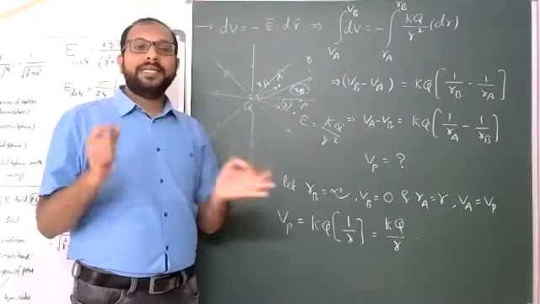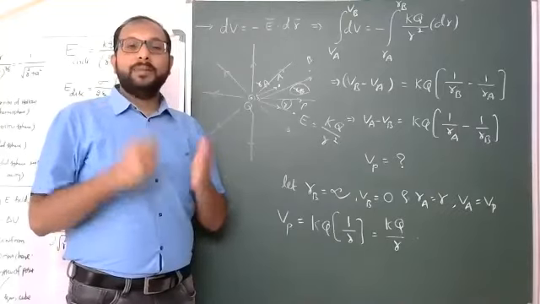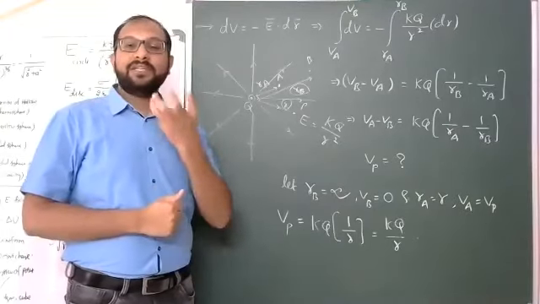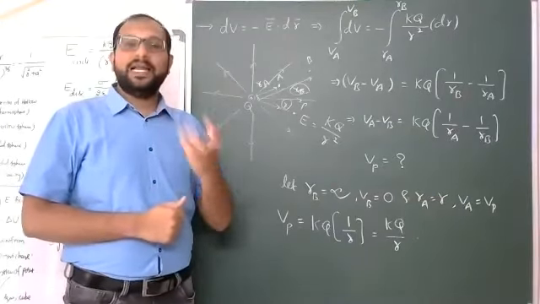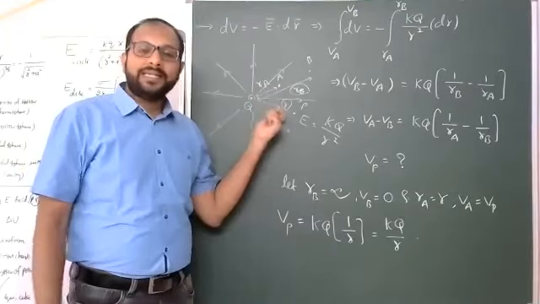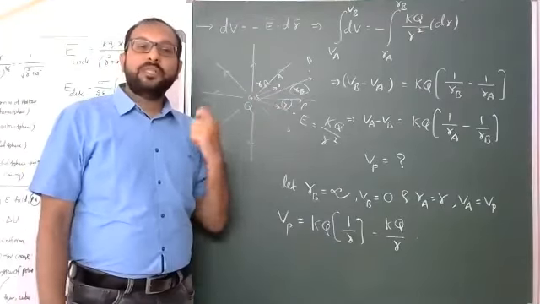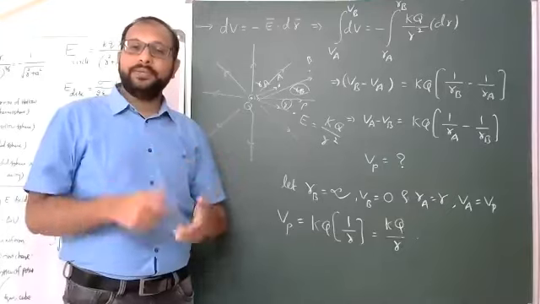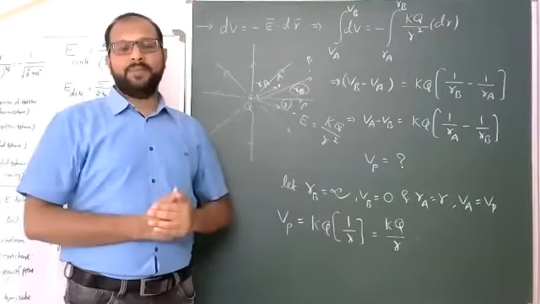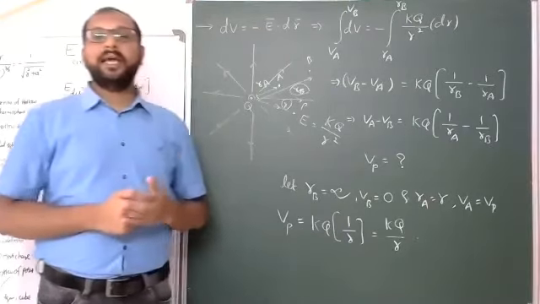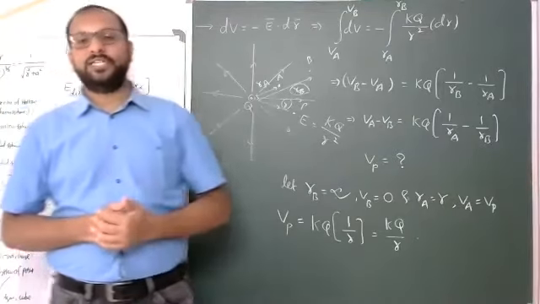Suppose multi-point, that means multi-point system. In our system, more than one charged particle is there, maybe 2, 3, 4, whatever may be the number. How to find a potential at one particular location?